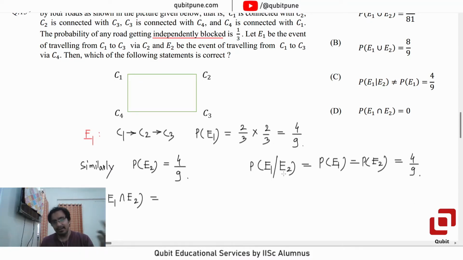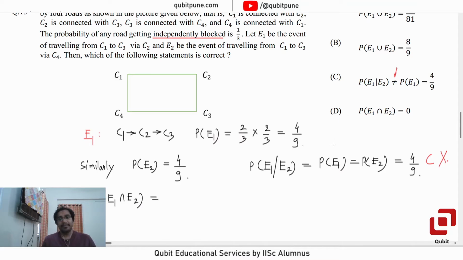E1 given E2, it doesn't matter whether E2 has taken place or not. Whether C1 C4 is closed or C4 C3 is closed is not going to decide whether C1 C2 is closed or C2 C3 is closed. Correct? They have given that roads are independently blocked. So we have found out that option C is not right because of this part.